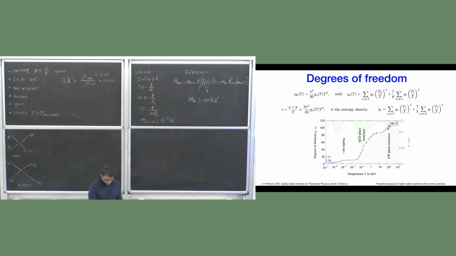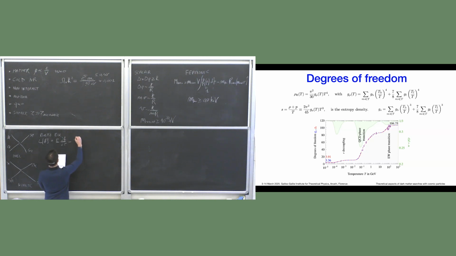Let's start the calculation. We go back to the Liouville operator, and actually, we go back to the Boltzmann equation. So we write the Liouville operator on the phase space. This can be written in another way, just as a function of energy.